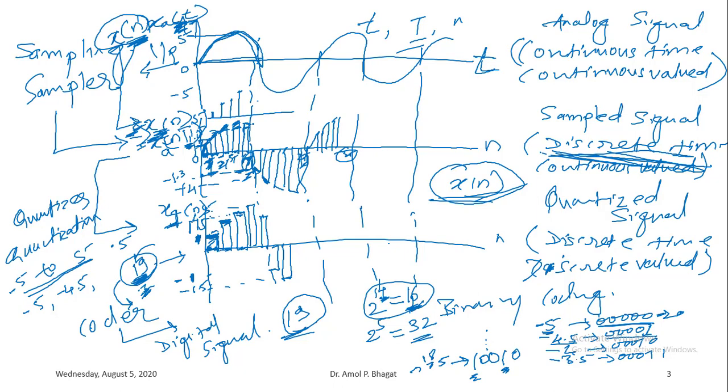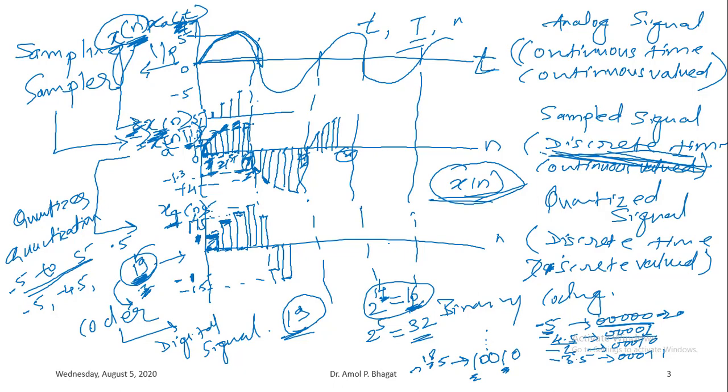For this session, we need to keep in mind these three steps in the analog to digital conversion process: sampling, quantization and coding. We have also seen what the input to the sampler is, that is a continuous time continuous value signal.